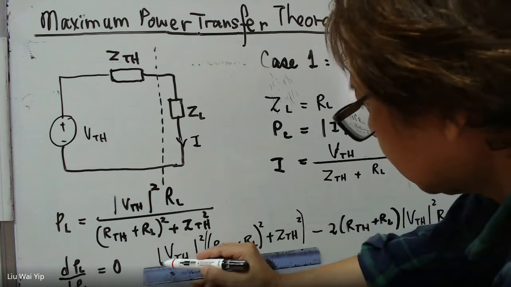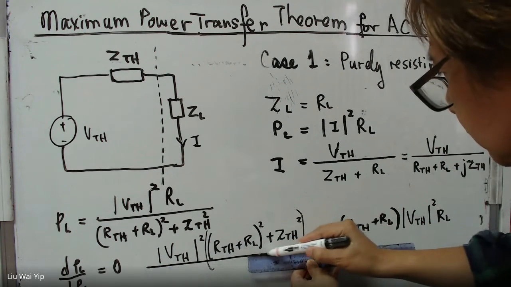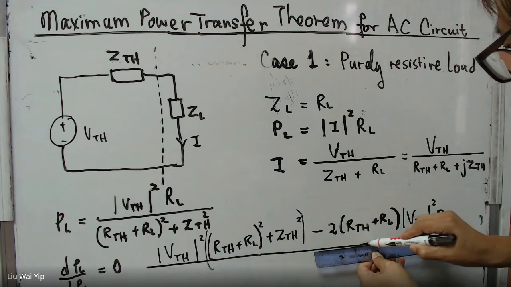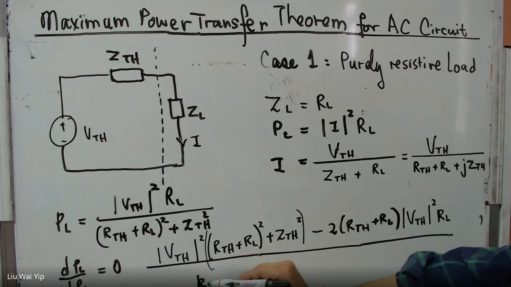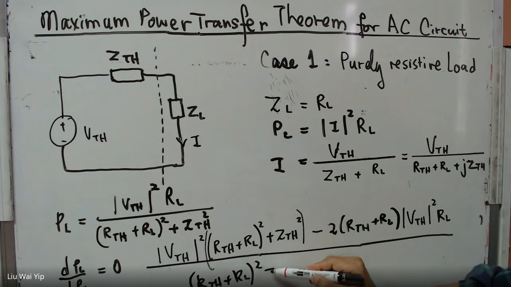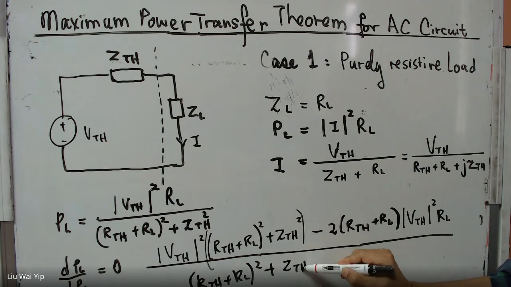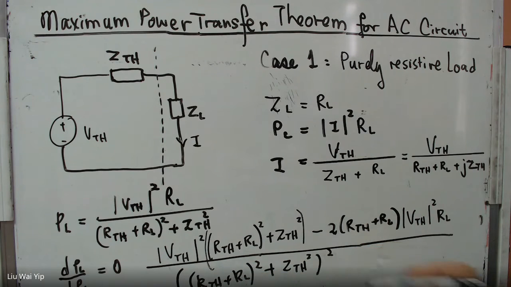And then obviously you need to divide by the denominator squared. So this one will be like this.